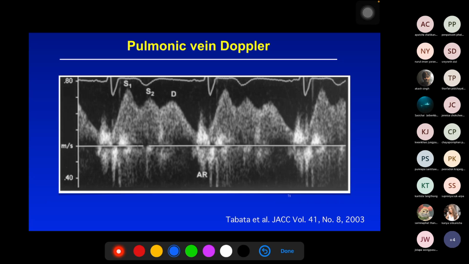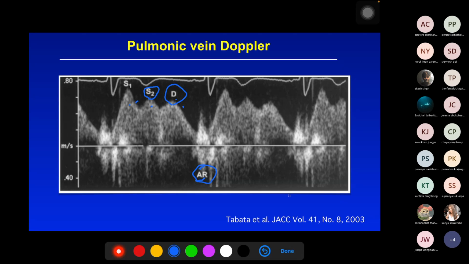Normally, you get this image. It's called the Doppler S1, S2, D, and A reversal. What are S1, S2, D, and A reversal? S1 is the early systole, S2 is the late systole, D happens during diastole, and AR is the A reversal.